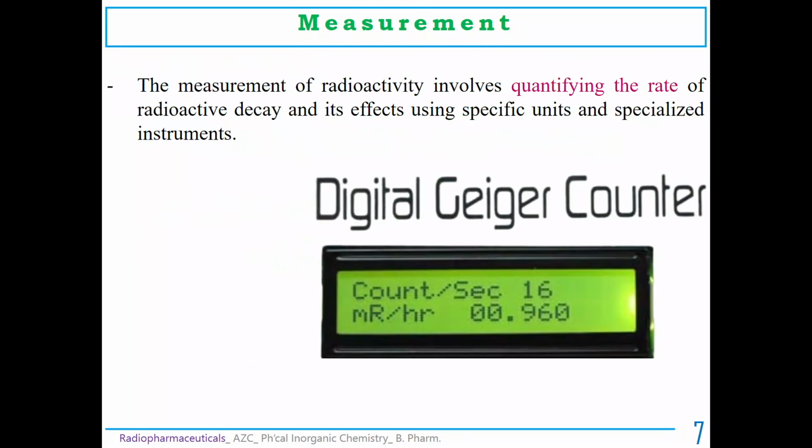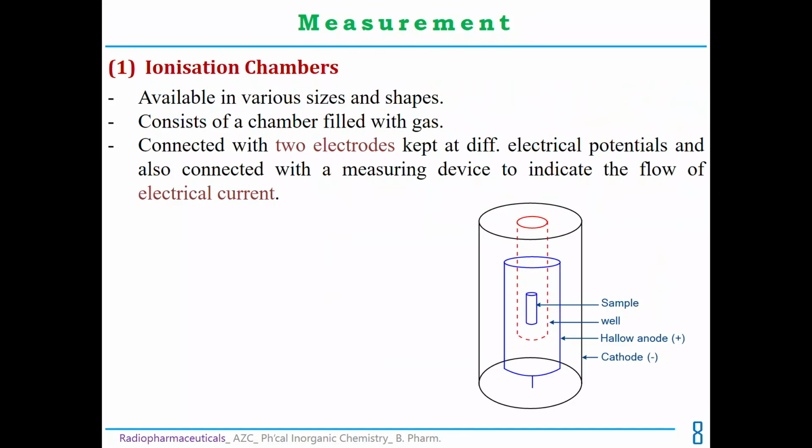The measurement of radioactivity involves quantifying the rate of radioactive decay and its effects using specific units and specialized instruments. First instrument is ionization chambers.